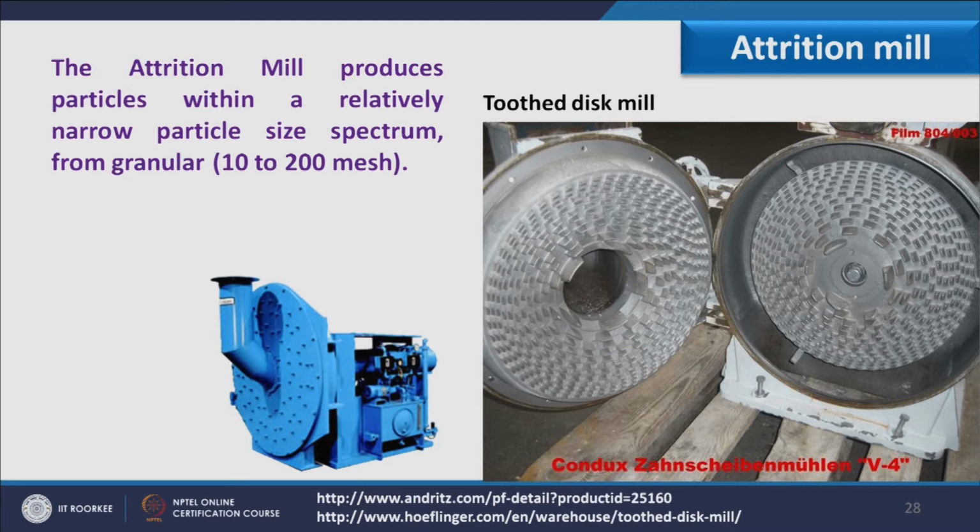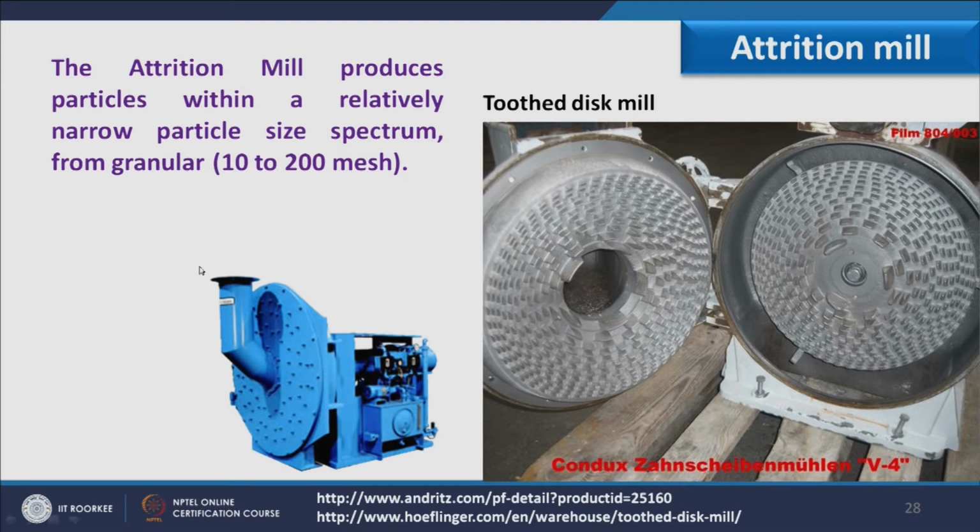The attrition mill produces particles within a relatively narrow particle size spectrum, from granular such as 10 to 200 mesh. If you see this image, this blue image is basically the photographic view of an attrition mill, where this is the stationary plate and inside it the second plate, which is the movable plate.